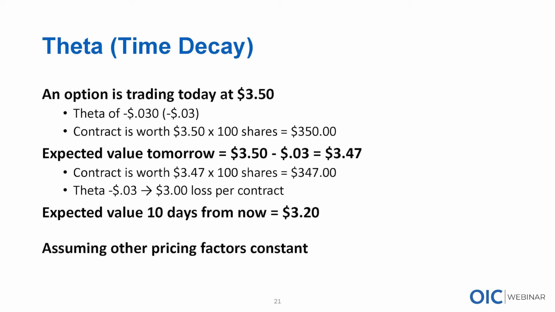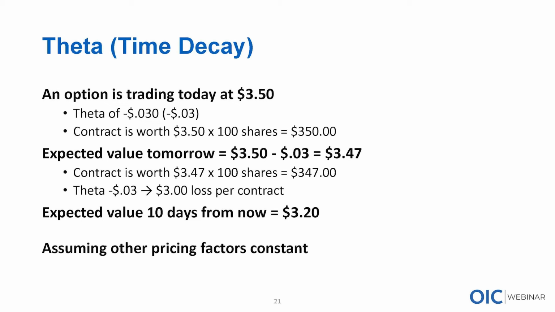No, it's not going to be accurate, because what you have to remember is time decay is not linear. Theta decays at a more exponential rate. And if 10 days pass, that theta, especially near expiration, will actually decay at a greater rate. So that option might be worth less than 320, all other factors being constant.